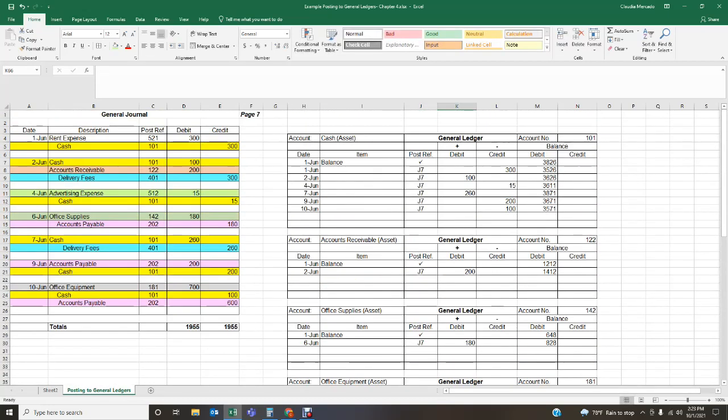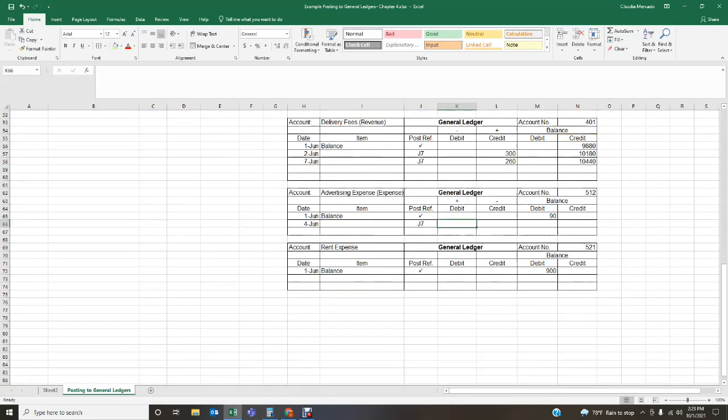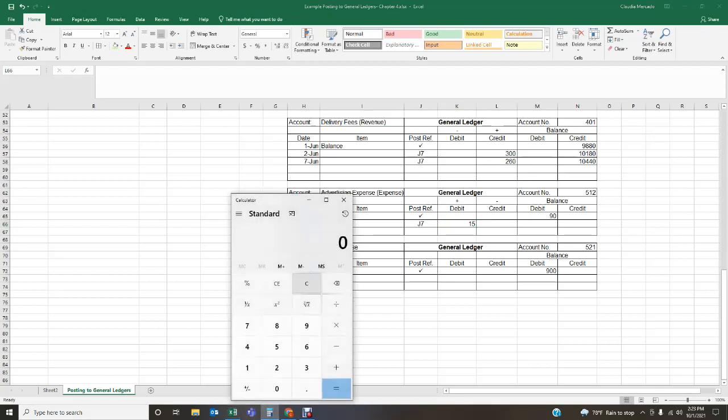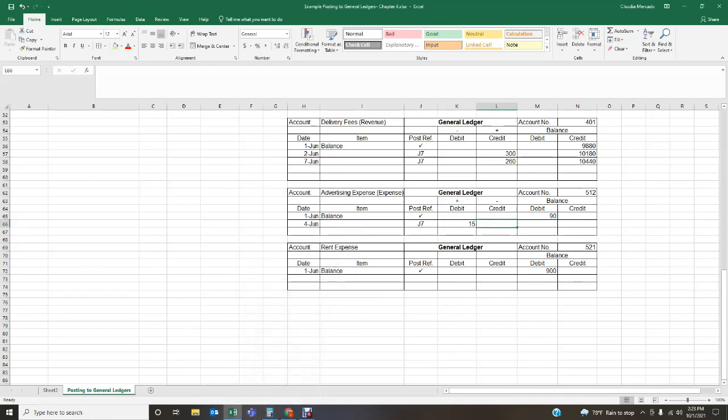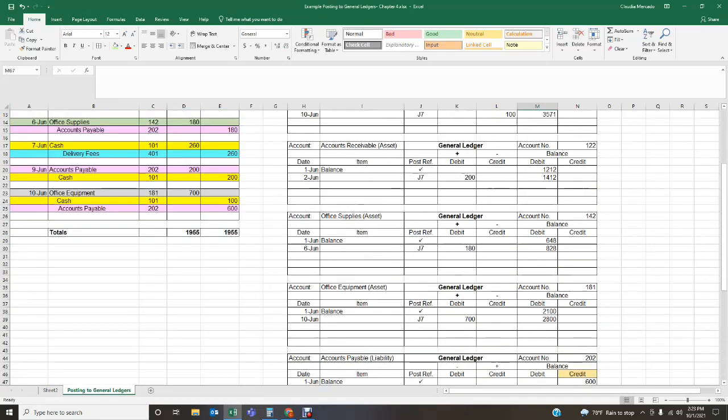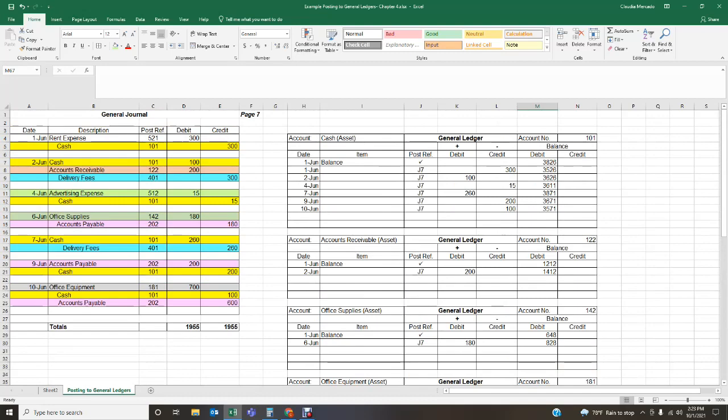And we had a debit of 15 bucks. Okay. So my ending balance is going to be $90 debit plus $15 debit. That's going to be $105. Okay. So my ending balance for advertising expense is $105. Okay. So that is the only transaction that we had for 512.